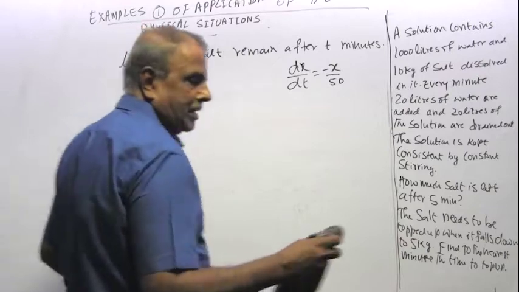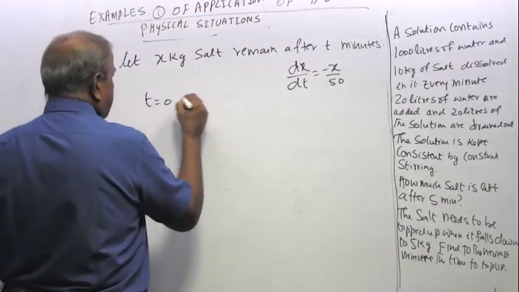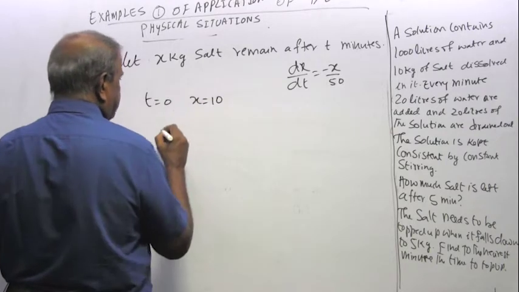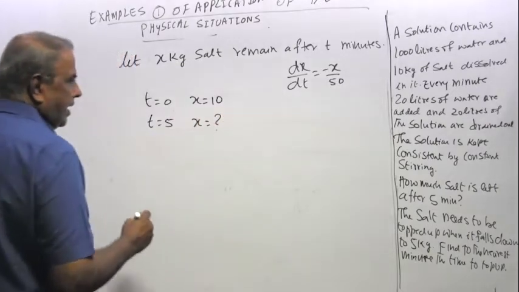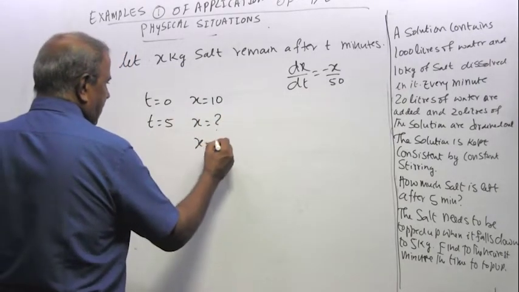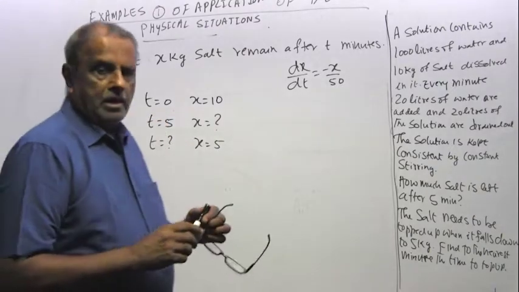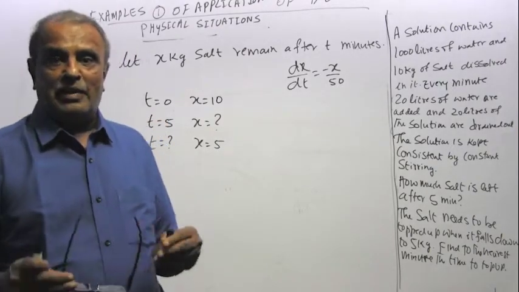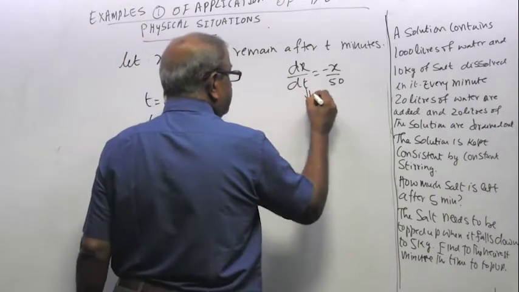Very good. Now you've been told t equal to 0, x equal to 10, t equal to 5, x equal to 1. And then x equal to 5, t equal to what? That's your question. How much salt is remaining after 5 minutes? Alright? How do you solve this differential equation?